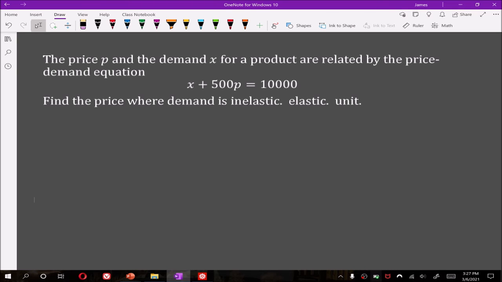We are asked to determine the price where demand is inelastic, elastic, and then unitary. First, what we have to do is write the price-demand function as a function of p. So we have to solve for p in this equation, right?